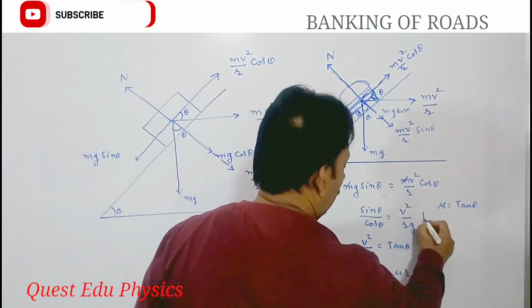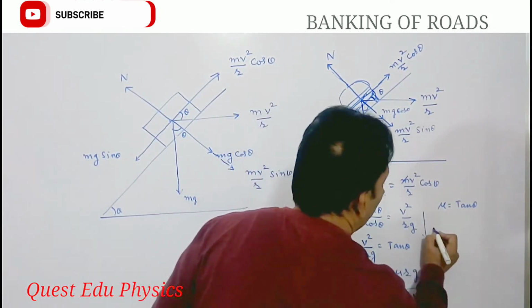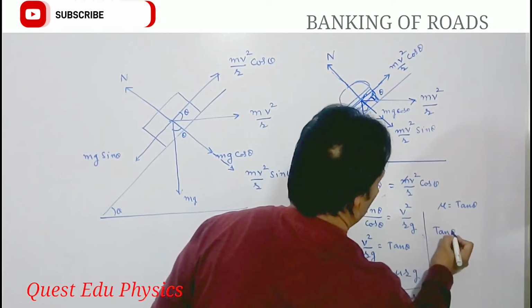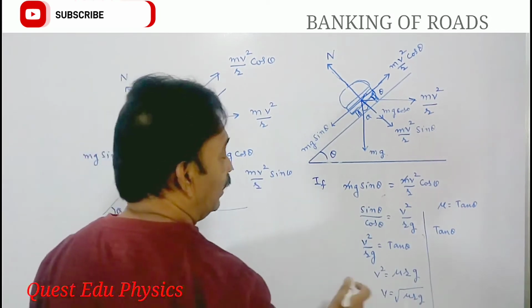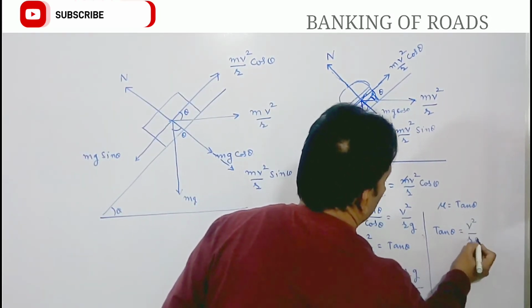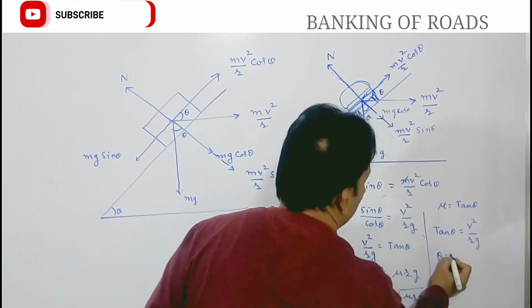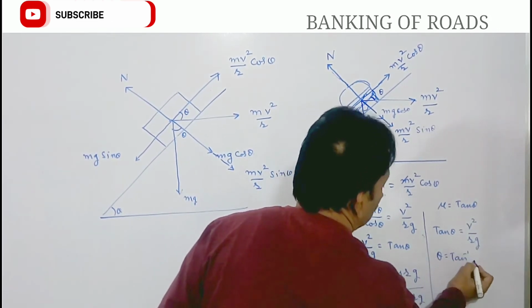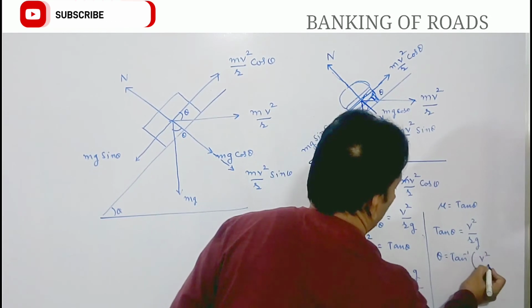In the same way, you can find out the angle of banking. What is the angle of banking required? Tan theta is equal to v square by rg, and theta is equal to tan inverse v square by rg.